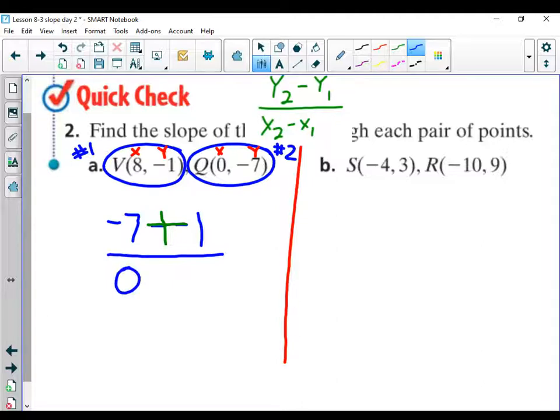And the X from group 1. And then I do a little solving. Bryn, -7 plus 1. Preston, 0 minus 8. -8.